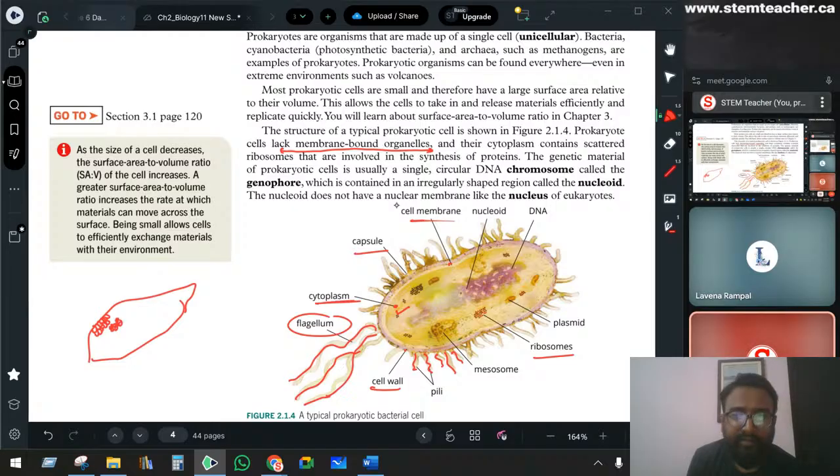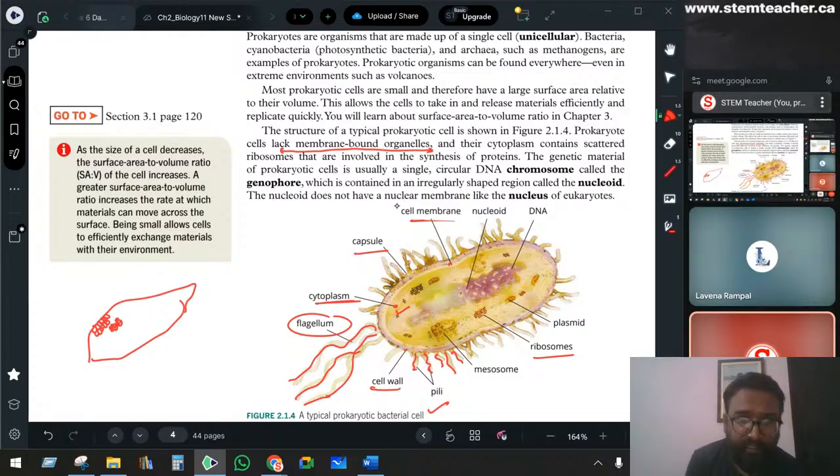But this kind of bacteria will not bond with the cell membrane. The cell lives separately. There is no solidity of the organelle. Is it clear?